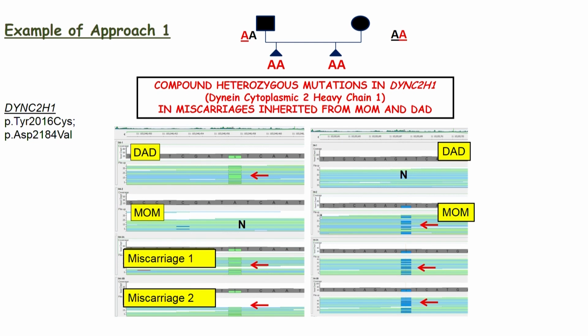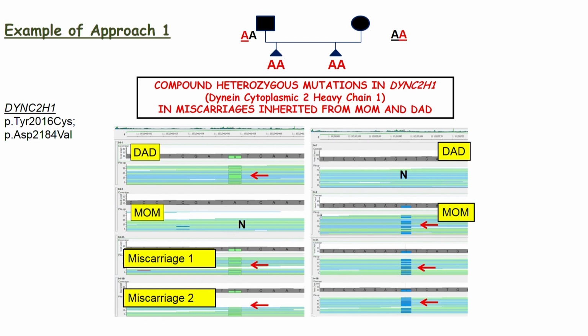So here we can see that dad had a mutation, a green mutation, and mom had a different mutation in the same gene, a blue mutation, and miscarriage 1 had the green and the blue mutation, and miscarriage 2 had the same pattern. So 2 different mutations affecting the 2 copies of the gene were found to reoccur in this family.